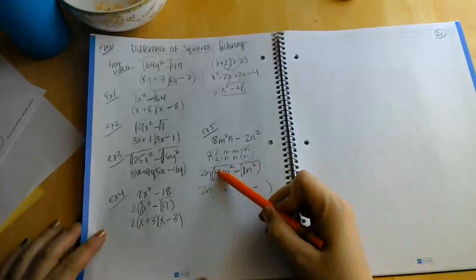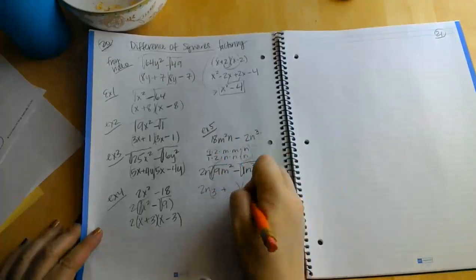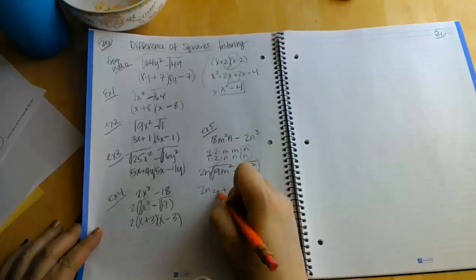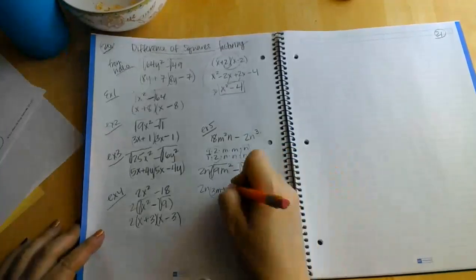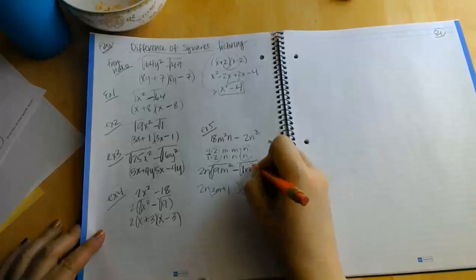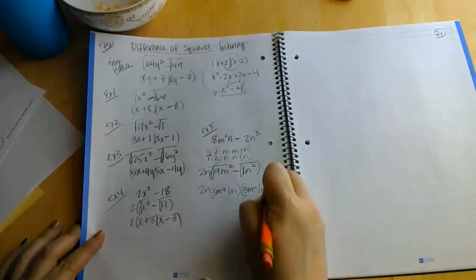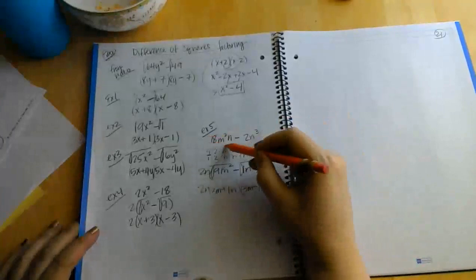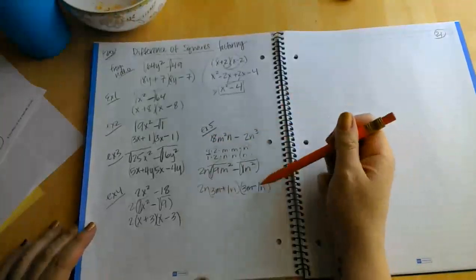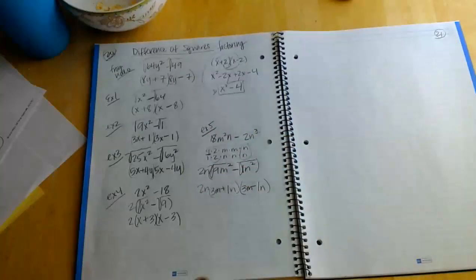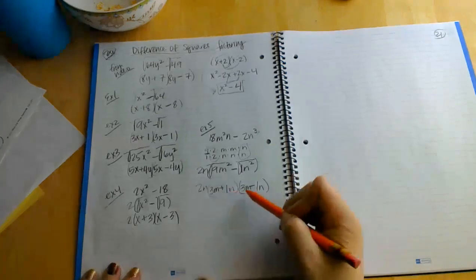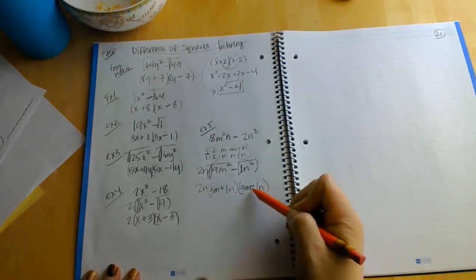The square root of 9 is 3. The square root of m squared is just m. Square root of 1 is 1. Square root of n squared is n. So look at that. Even though that was this big mess of a thing, I could still factor out my monomial there, that 2n, and I'm left with 3m plus 1n, or 3m minus 1n.